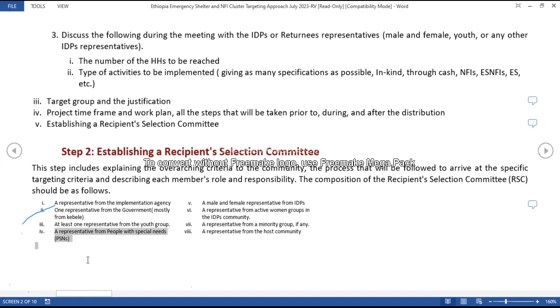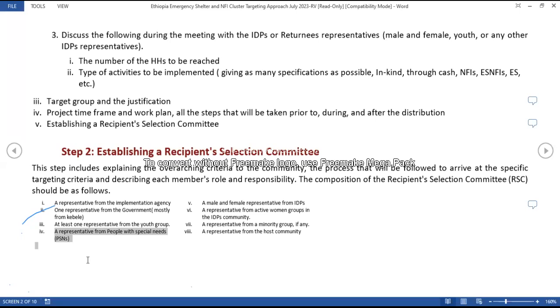This may be chronically ill people. This may be physically impaired people or people with physical disabilities. Maybe any kind of issues may be there. So we have to make sure that a representative of people with special needs is also part of the beneficiary selection committee.